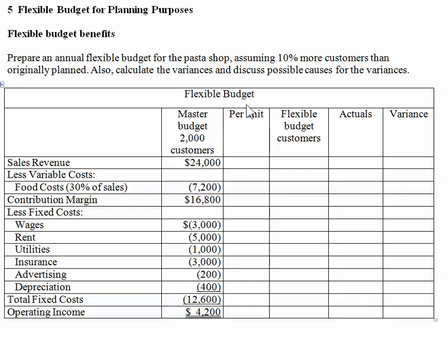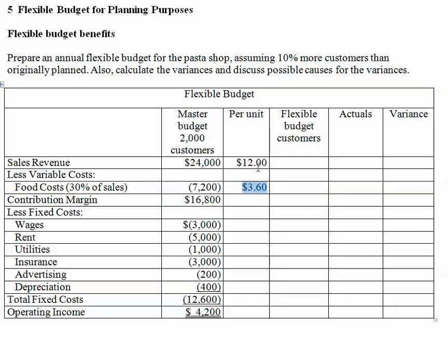So in our example, we had assumed that we'd have 2,000 customers. Based on that, we can translate the sales and the variable cost on a per unit basis. Our revenues were 24,000 in total, and if we have 2,000 customers and get 24,000, that's your $12 that you make per customer. Now our variable costs were $3.60 per customer.